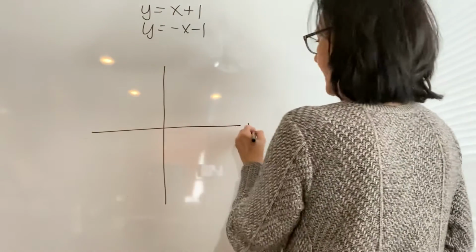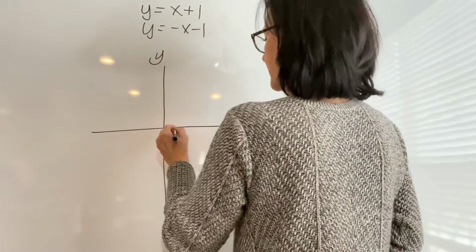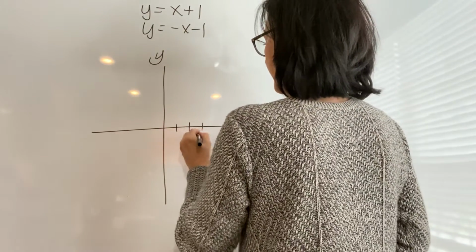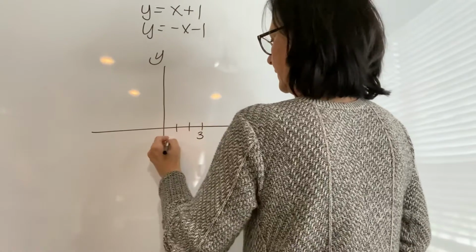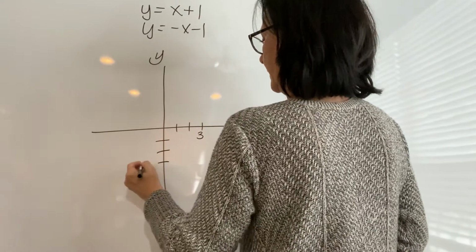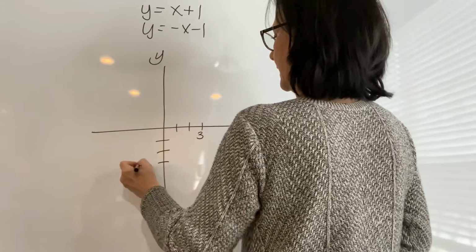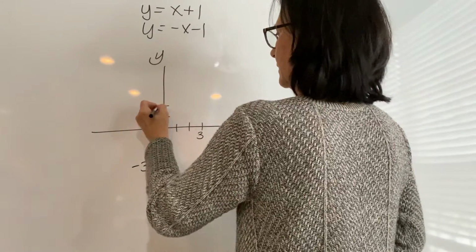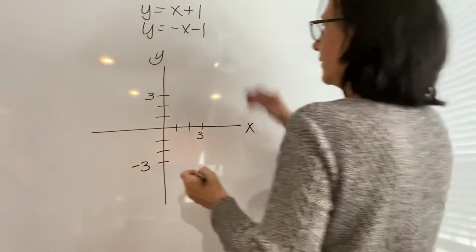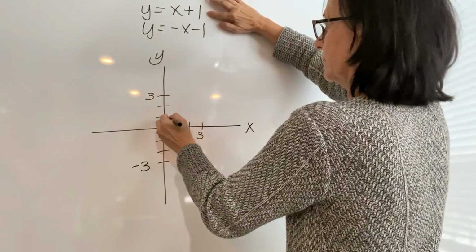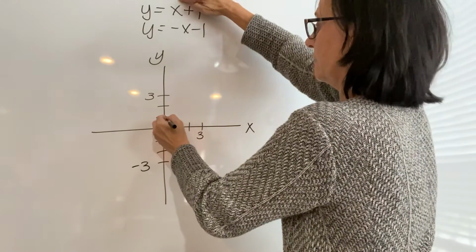All right, here's my x-axis. Here's my y-axis. 1, 2, 3. It's negative 1, 2, 3. Okay, we'll start at positive 1. This one rises 1 as it runs 1.